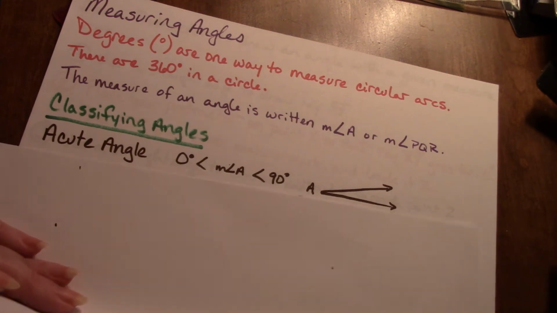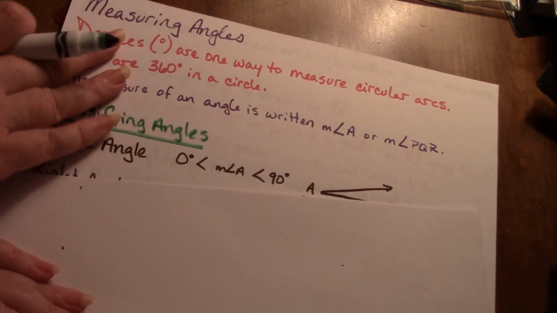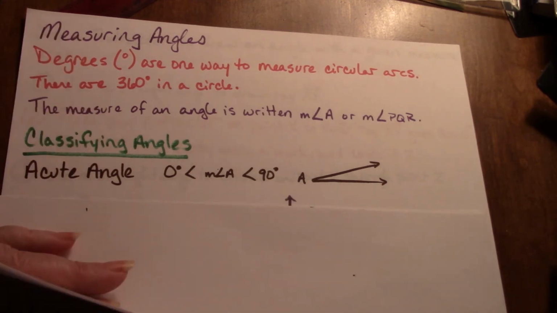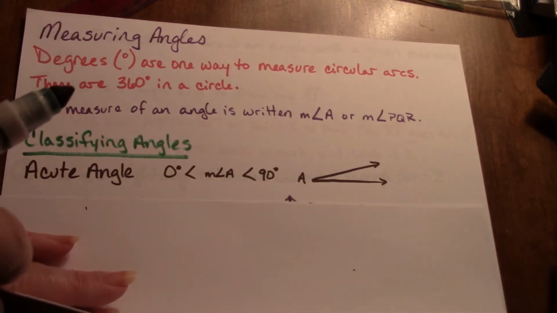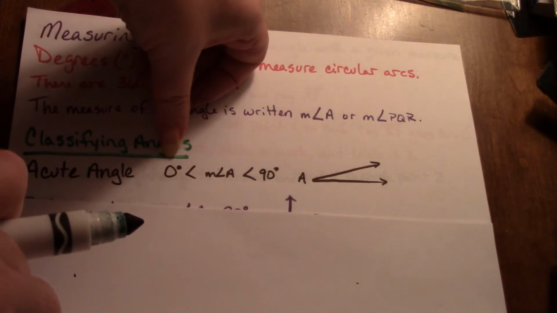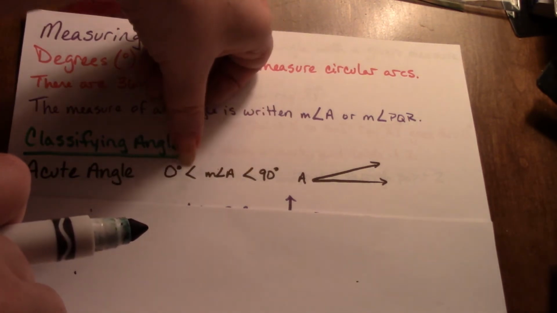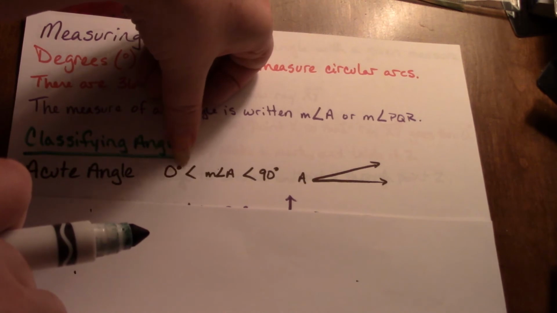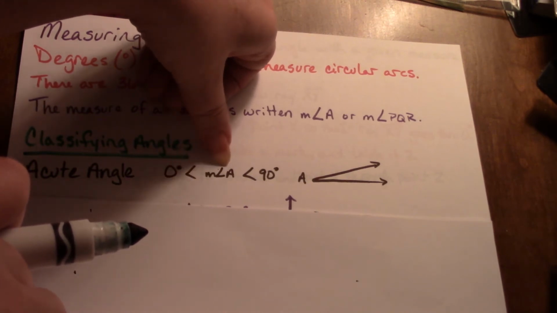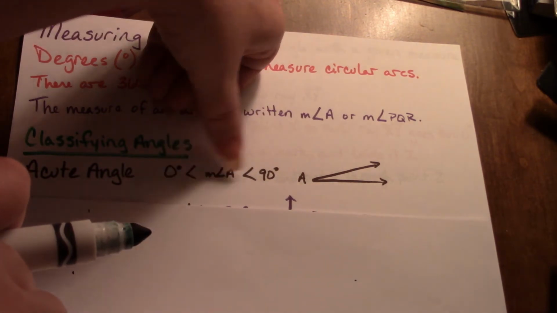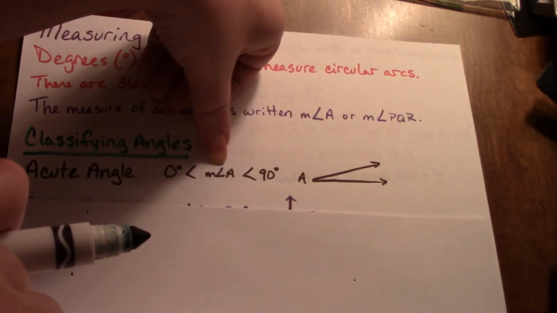When we are classifying angles, it's the same classifications that you learned as a 4th grader. There are acute angles. We just write them a little differently now. The measure of angle A is greater than 0 degrees and less than 90 degrees. So anything between 0 and 90, but not including them.